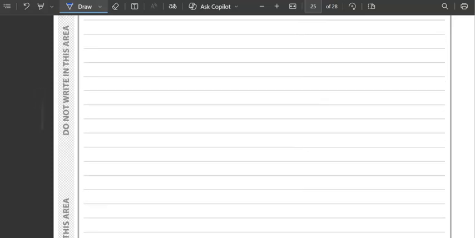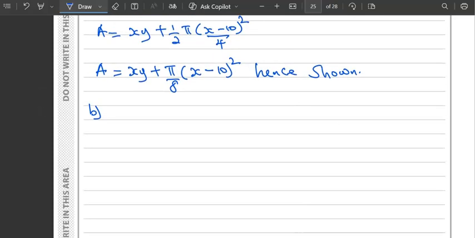Now going back to part B, you are given the perimeter to be equivalent to 2y plus (2 plus pi over 2) x minus 5 pi.